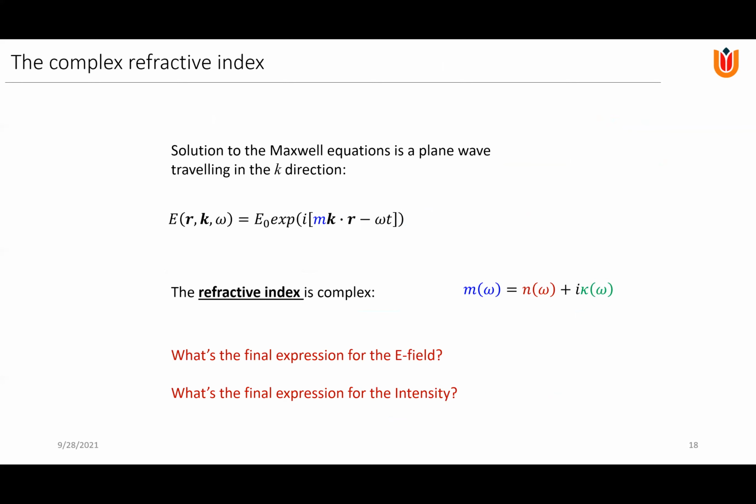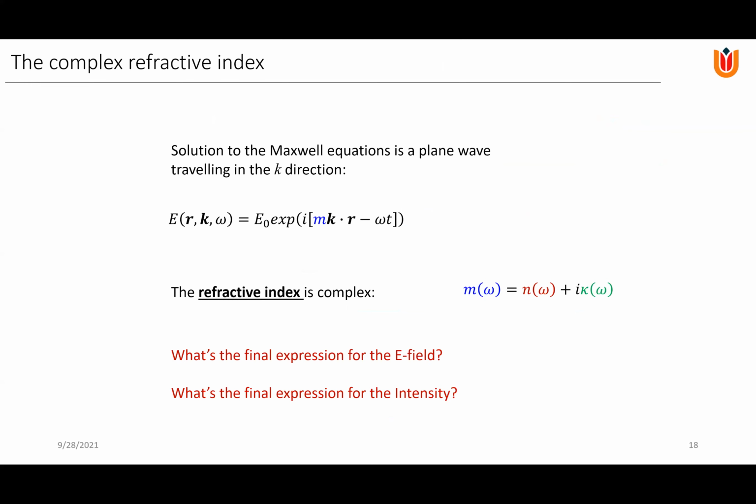So then the question is, a solution to Maxwell's equations was a plane wave that traveled in the direction given by K. So the expression is given there. If we now know that the refractive index is a complex quantity, there's an amplitude and a phase, it is given by n, a real part and an imaginary part.